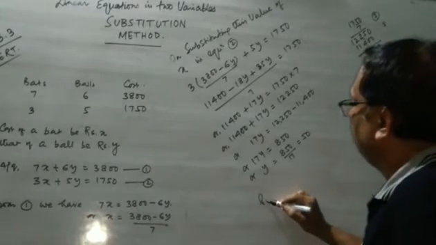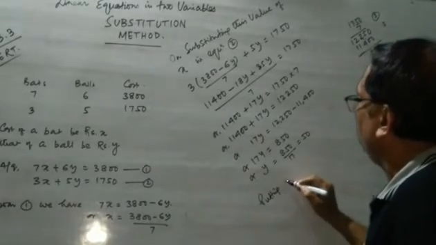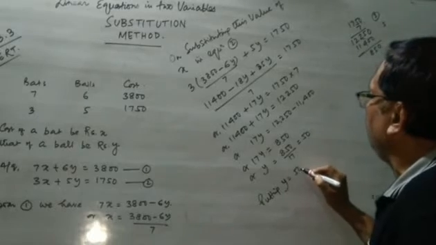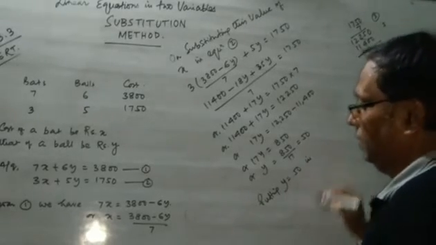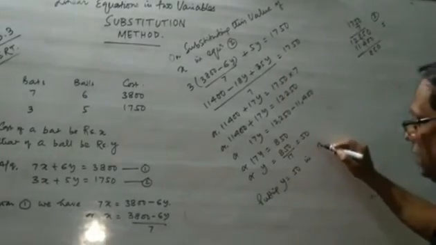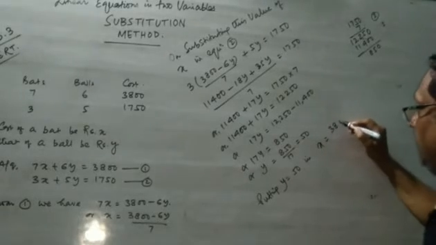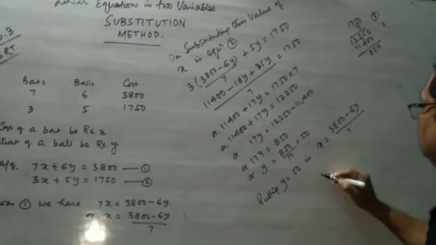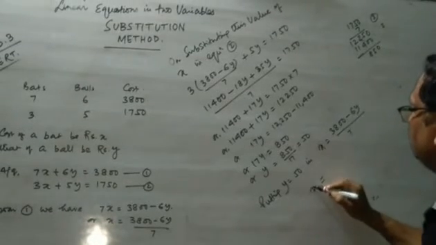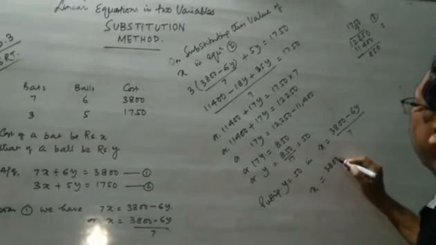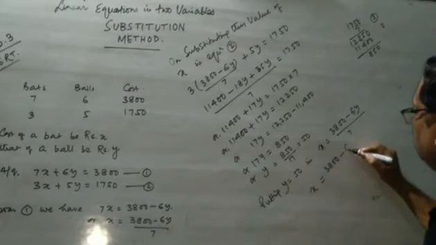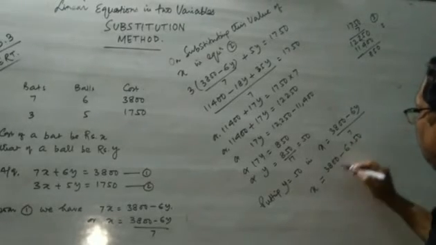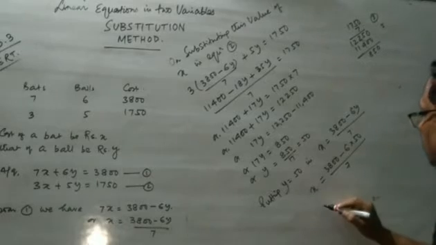Now putting y equals 50 in x equals 3800 minus 6y upon 7. X equals 3800 minus 6 into 50 by 7.